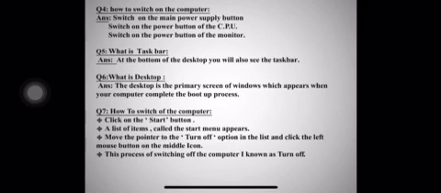How to switch off the computer? Click on the Start button. A list of items called the Start menu button appear. Move the pointer to the turn off option in the list and click the left button or left mouse button on the middle icon. This process of switching off the computer is known as turn off option.